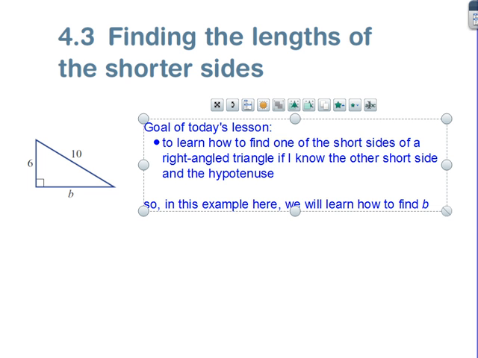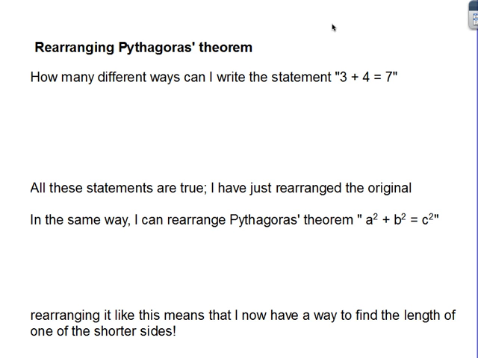But before we do this, we have to have a think about how we can rearrange Pythagoras' theorem. So here's a statement here, 3 plus 4 equals 7. If I think about it, I can rearrange that statement in lots of different ways.